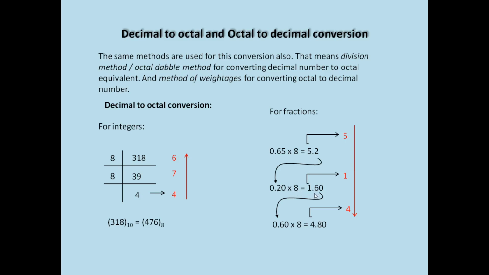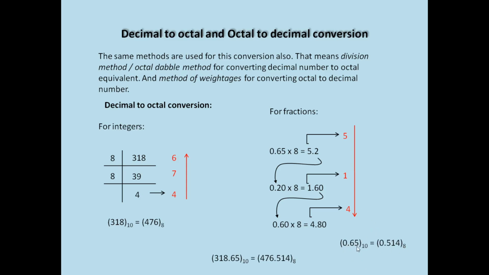From the product, again the integer part is taken aside as a carry, and the fraction part is again multiplied by 8. This can be repeated. Now these carries are taken in forward order. You have to remember this: the remainders are taken in reverse order, but the carries are taken in forward order. So the carries taken in forward order give you the octal equivalent of the given fractional number.